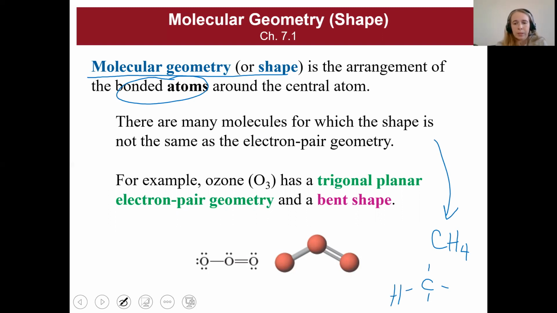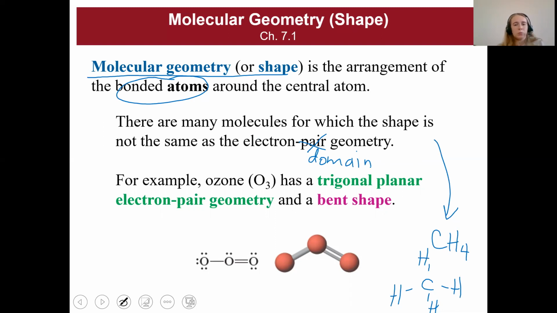It has a tetrahedral electron domain geometry and a tetrahedral molecular geometry because it doesn't have any lone pairs. When we do have lone pairs, then the electron domain geometry is different from the molecular geometry.